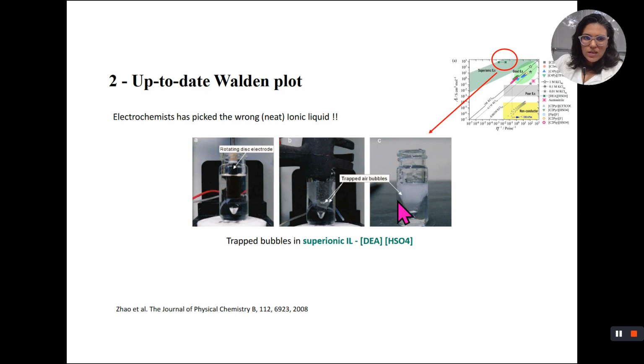In these photographs, you see a rotating electrode before, during, and after the electrochemical reduction experiments, and you see that several bubbles were trapped in this liquid because it's so viscous that it does not allow the produced gases to escape. And so this highly viscous electrolyte, despite being a very good conductor, is not suitable for electrocatalysis since it prevents the escape of final products, the gases.